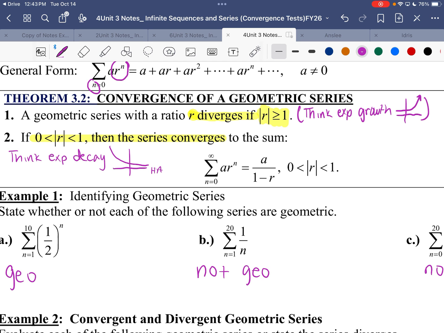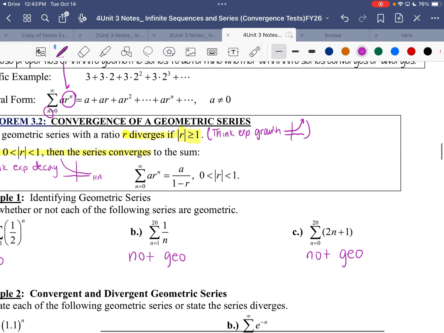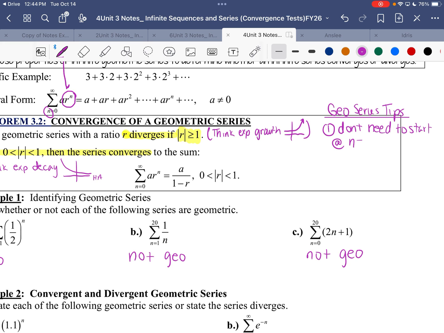So, things to know about geometric series. These are things I've noticed over the years. They don't need to start at n equals 0.